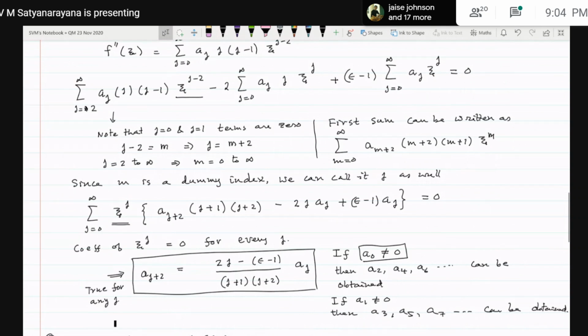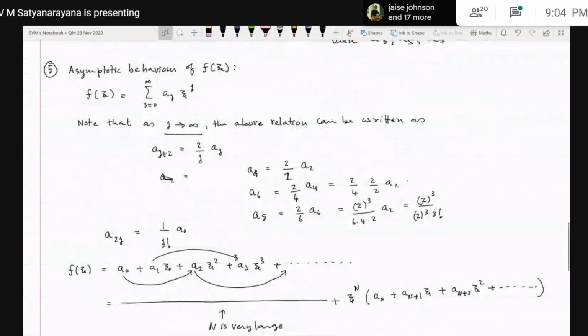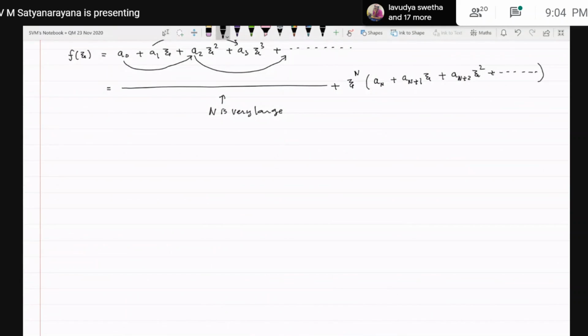But then when you leave out some members and write this one, if you consider this kind of a series, for this series the recurrence relation can be written as a_(j+2) is equal to 2 by j into a_j. You follow?